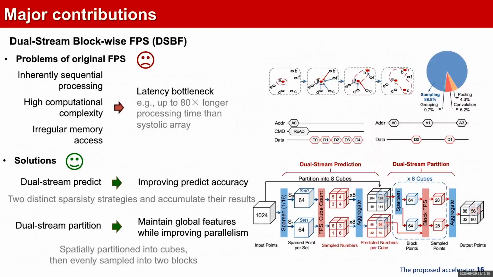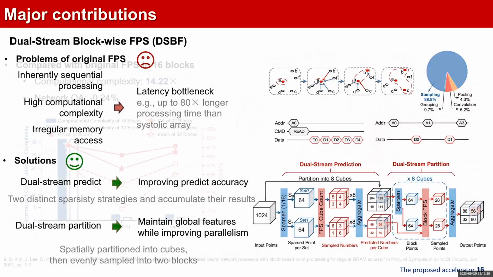In downstream partition, the input point cloud is first spatially partitioned into cubes to maintain the global feature of the point cloud. Then each cube is evenly sampled into two blocks to improve the parallelism. Based on the predicted number from the first step, these blocks are performed FPS separately to get the final result.